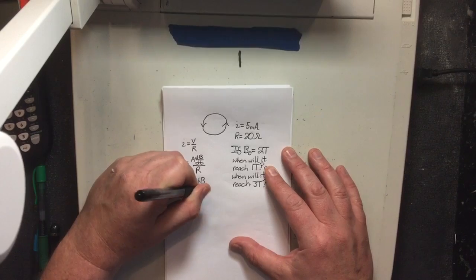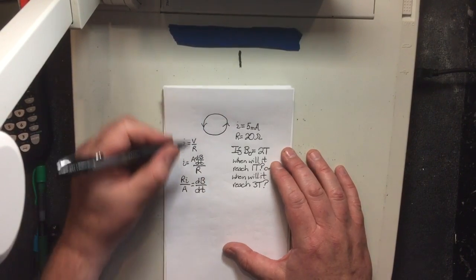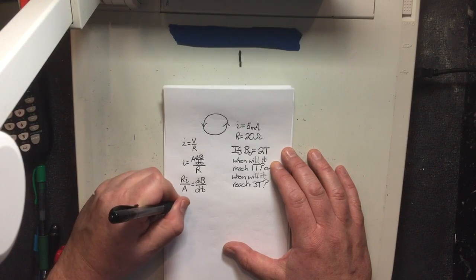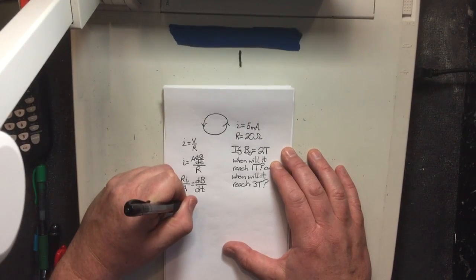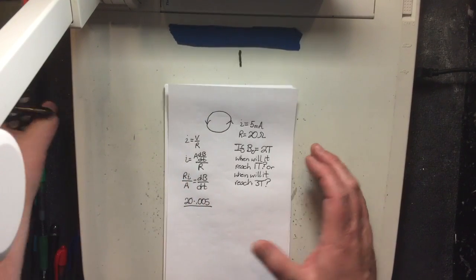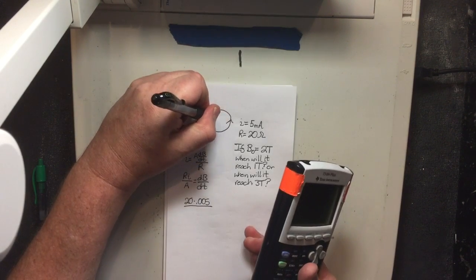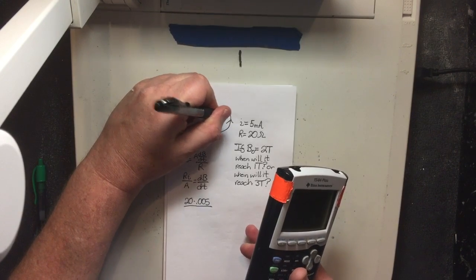Now this is just going to give you the magnitude. Oh, I need an area. Let's see what numbers I need to make this work out right. 20 times 0.005 would give me 0.1. So I would need an area of 0.5 square meters.